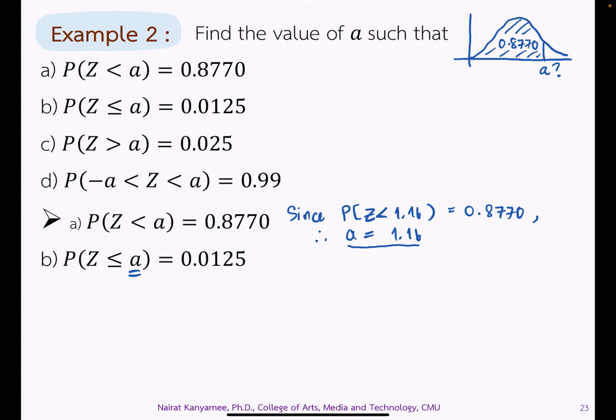So since the probability of Z less than, well, with equal sign or not equal sign, it is the same, minus 2.24 equals 0.0126, right?